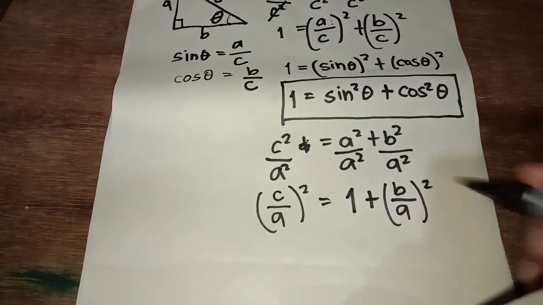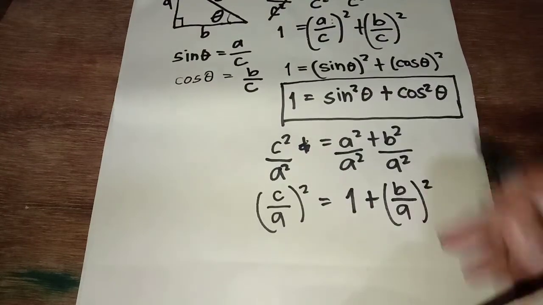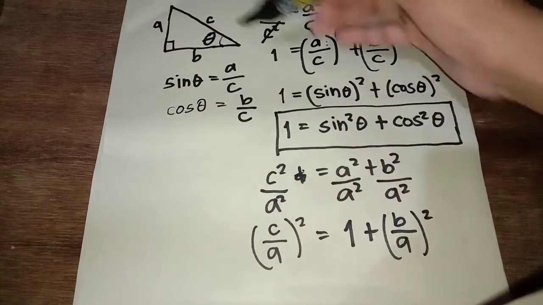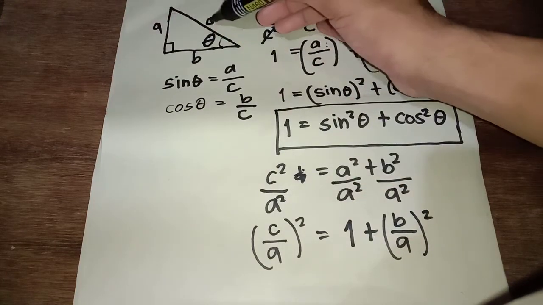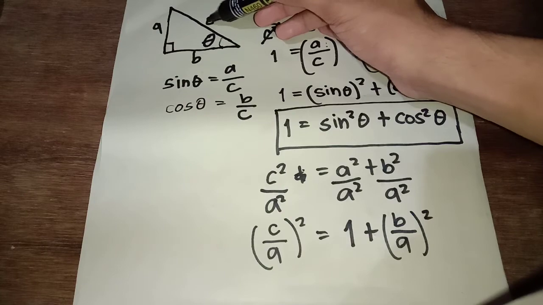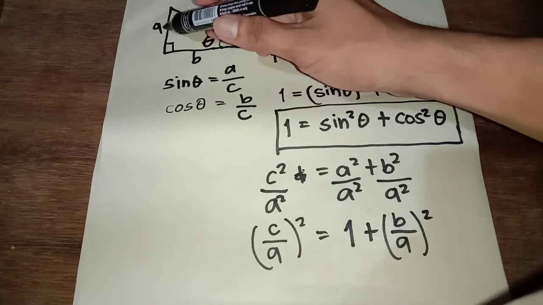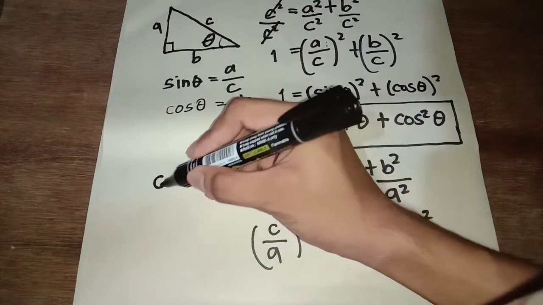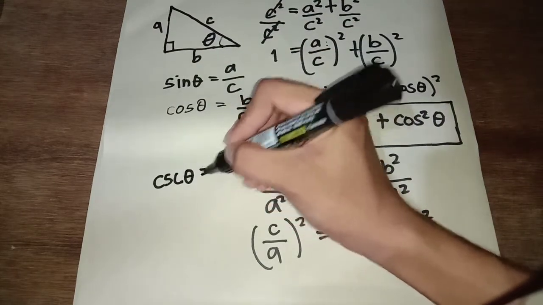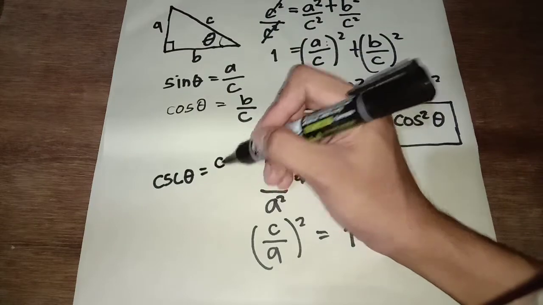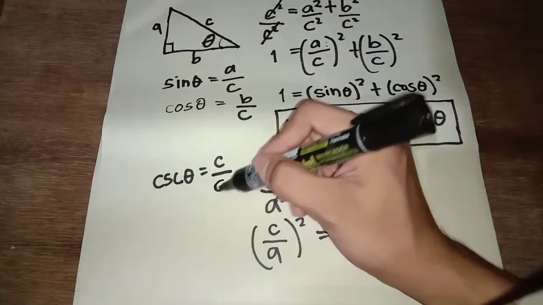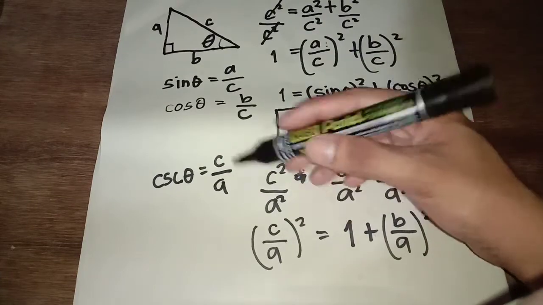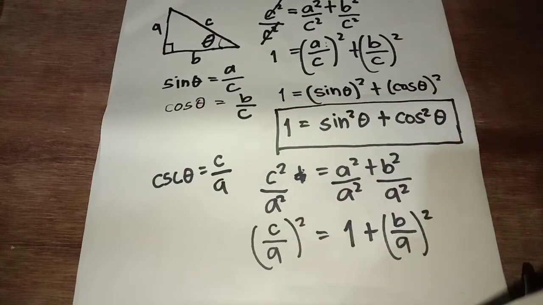And then from the given 6 trigonometric functions, we have, so this is c over a, meaning that is hypotenuse over the opposite side. So from the given, we have the cosecant theta as the hypotenuse over the opposite side, a. So that is c over a. So we're gonna pa-plug natin siya dito.